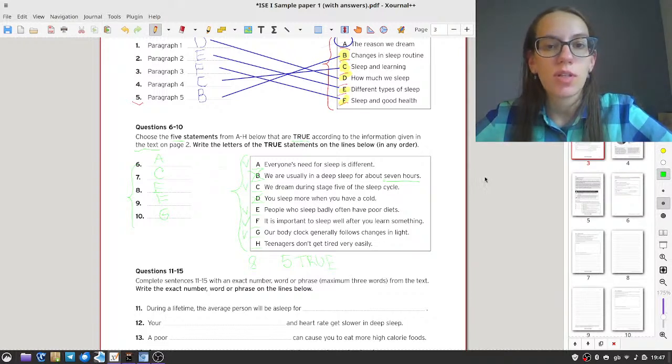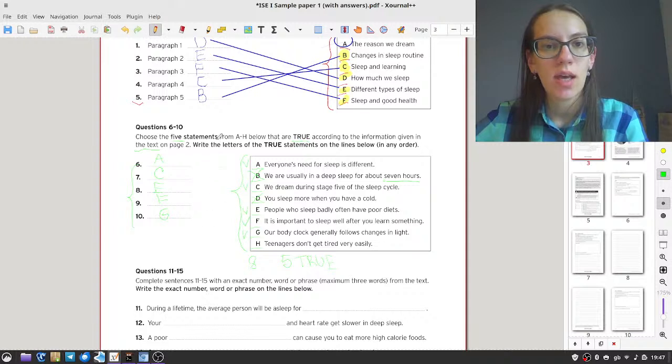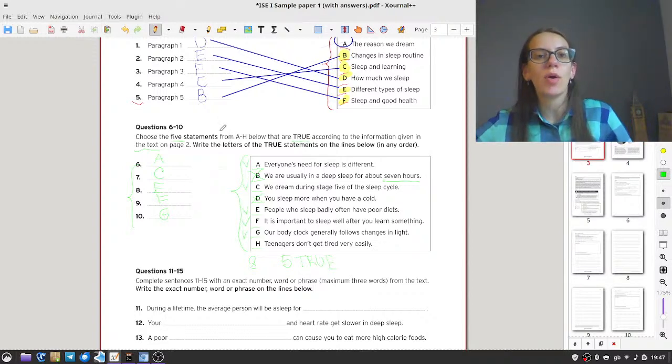You don't put it in your answers. Yeah, so it's important to remember that the statements that we don't choose in this task, it doesn't mean that they are false. Yeah, they're just not true according to the text. So maybe the text just doesn't talk about them, for example.